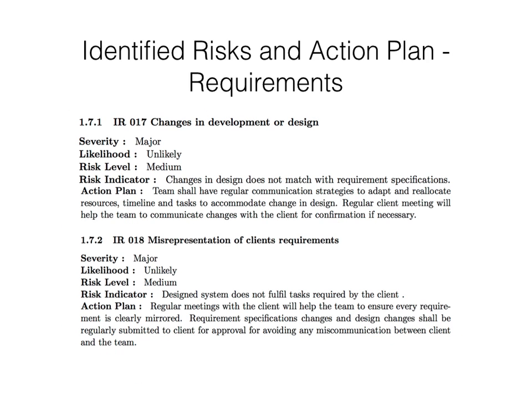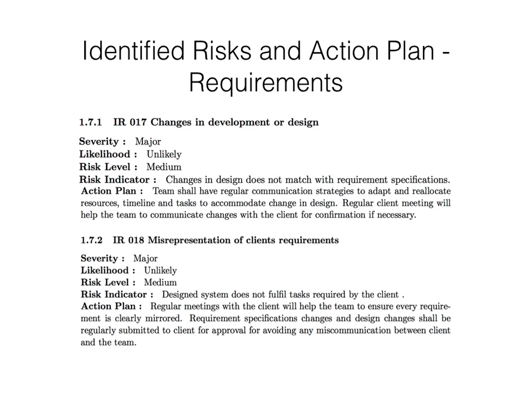The next category is requirements. The first one in the category is changes in development or design that happen during the course of the project. The severity is major because the project needs to go back to requirements gathering and may need changes in design and development.